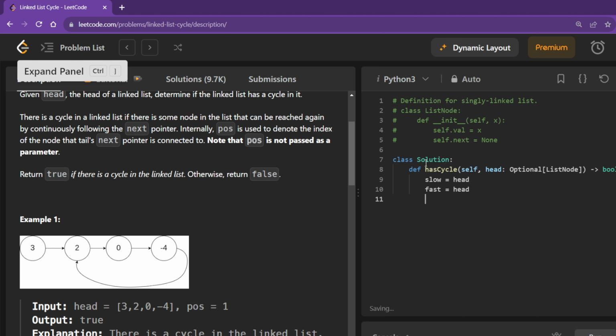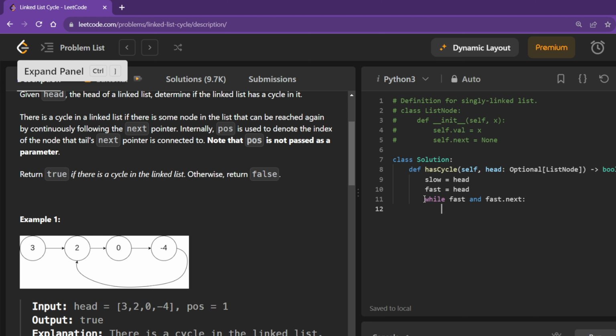Now remember the condition that I told you earlier, that is pretty important, that triggers false right away. So while fast and fast dot next. We only allow the slow and fast to move if these two conditions are met.